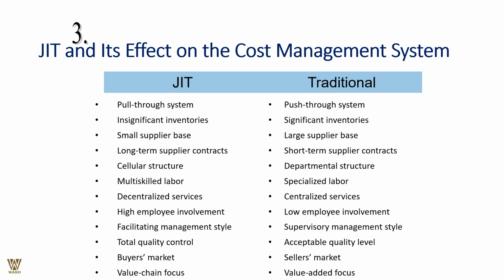Because we are producing a lot more inventory and then trying to push it in the market. Larger supplier base, definitely yes. Since I am producing it, the suppliers are already there. Short-term supplier contracts. Why? Because the production is more or less fixed, and we might be switching suppliers, whoever provides the raw material at the cheapest base cost.